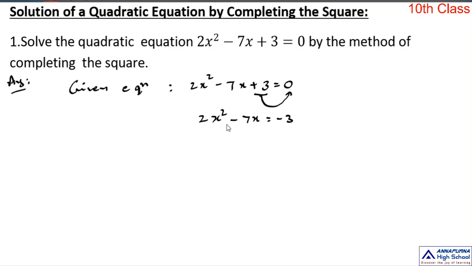By dividing the total equation by the coefficient of x square, we change that coefficient to 1. So now divide the total equation, that means you divide the left side and the right side of the equation by 2, meaning 2x square minus 7x, whole divided by 2, is equal to minus 3 by 2.